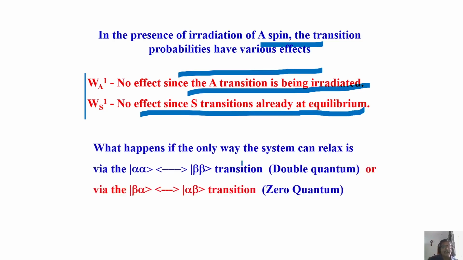Now, let us do one thing. Since this did not work out for us, why not we think of the way the spin system can relax in a different pathway? See, after the spin system has to attain thermal equilibrium, the relaxation pathway chosen was single quantum.